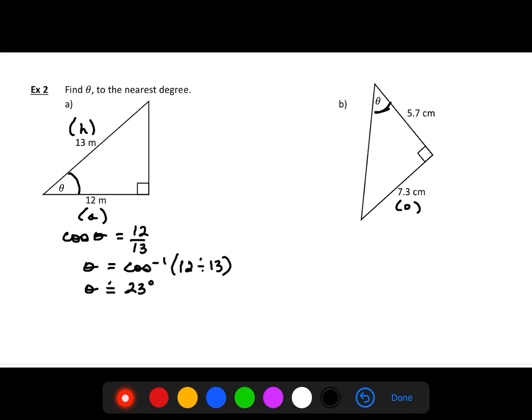And for part B, we want to find theta again. Looking at what sides we have to work with, we have our opposite and our adjacent, which means we need to use our tangent ratio. So tan of theta is going to be equal to 7.3 over 5.7. So theta is going to be equal to our inverse tan of 7.3 divided by 5.7.